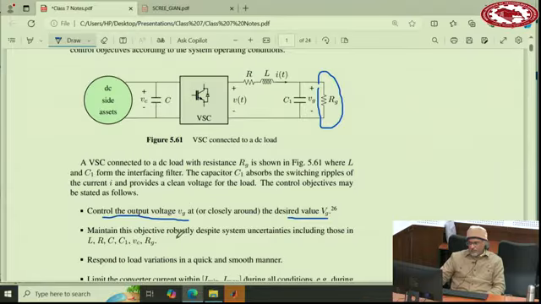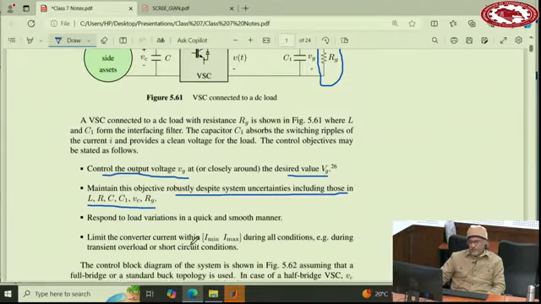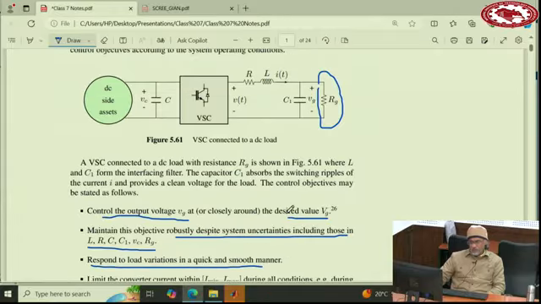And obviously always in feedback control, this is one of our main objectives. We would like to attain this objective robustly with respect to all parameters that you can imagine in this system. And in terms of disturbances, you can look at, for instance, when the load suddenly changes, that is a disturbance.